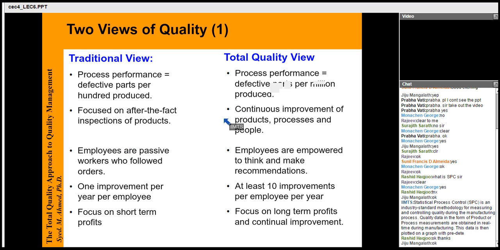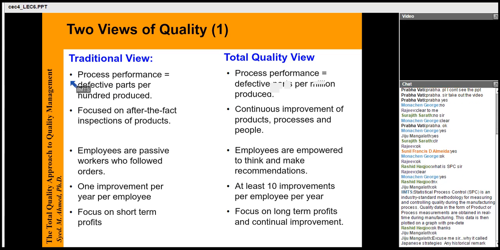In the traditional view employees are passive workers who follow orders; in total quality employees are empowered to think and make recommendations. Traditional expects one improvement per year per employee, total quality at least 10 improvements per employee per year. Traditional focuses on short-term profits, total quality on long-term profits and continual improvement. So this is the traditional view which we used to follow earlier. Nowadays we are following the total quality view.